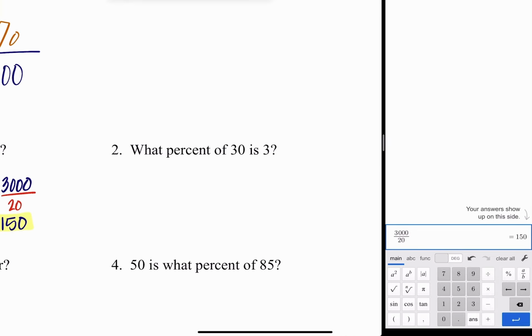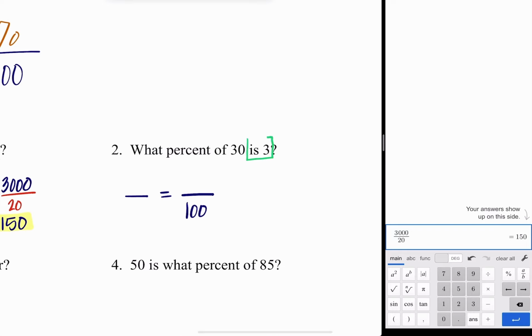So let's try 2. We want is over of equals percent over 100. I'm going to do the hard part. And then I guess I'll help you with the easier part too. What percent of 30 is 3?